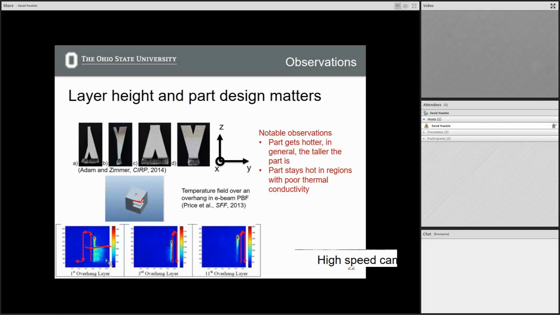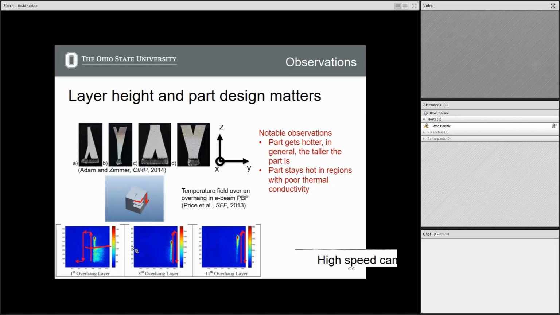You're putting energy into the part above a bunch of powder, and the thermal pathway is very inefficient above the powder. As soon as you get over top of the piece of metal, the heat can go down into the substrate very effectively. So you can have hot spots develop when you have overhangs, and that is in general seen as a negative effect.